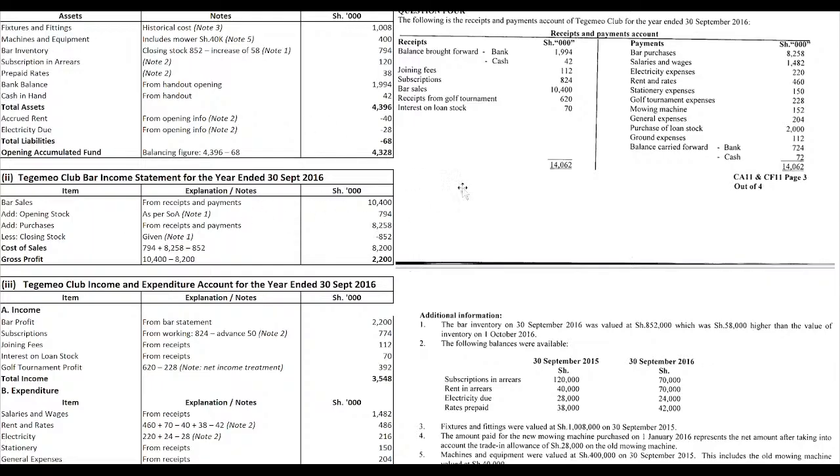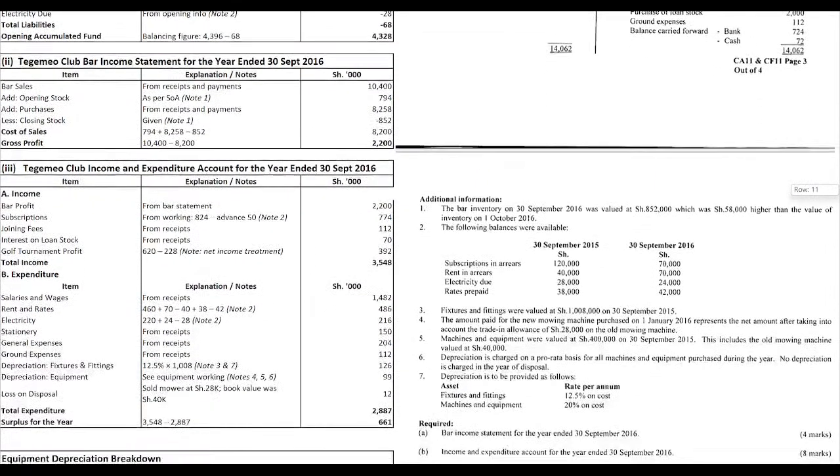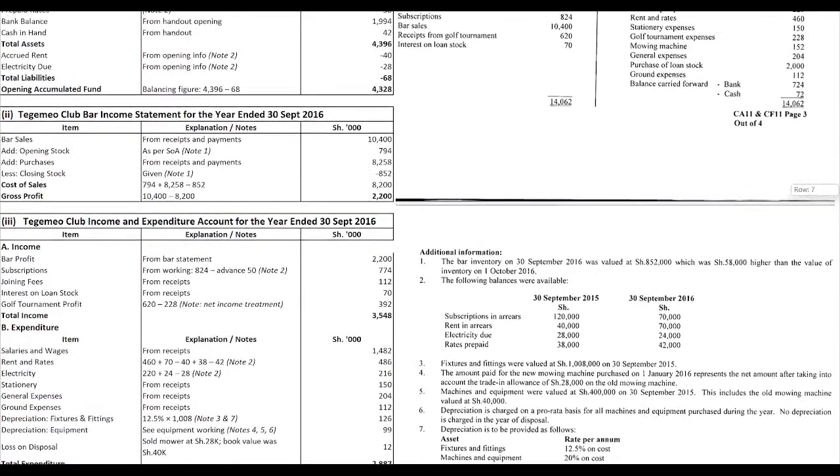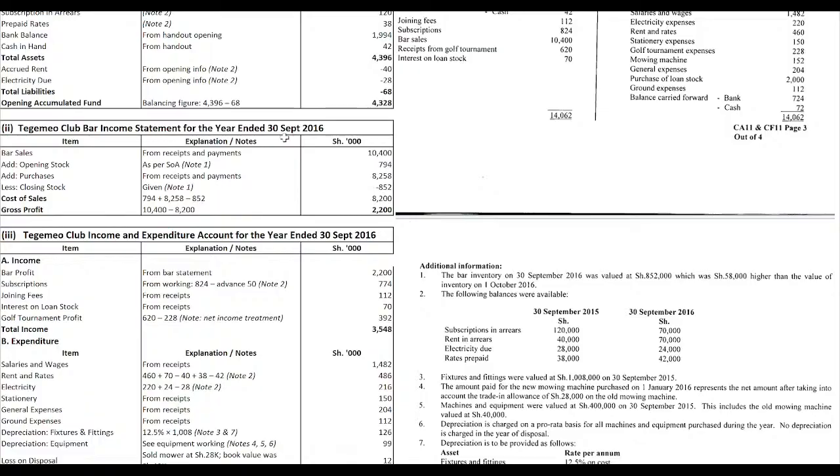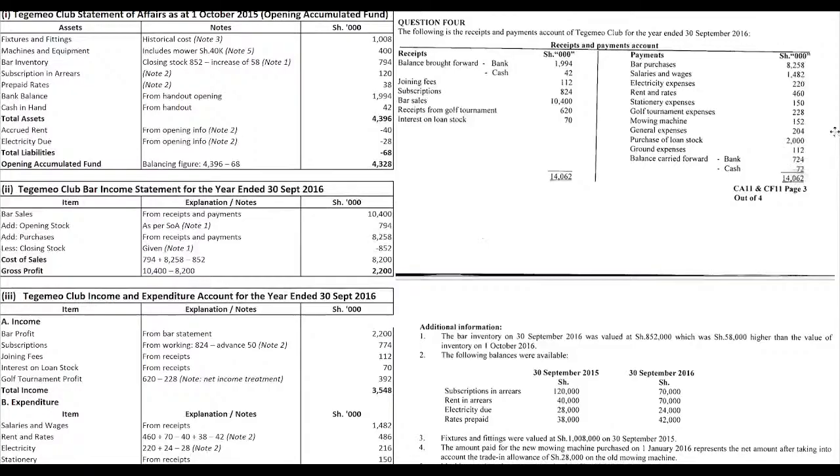So we go now to the first requirement, which is to create our bar income statement for the year ended 30 September. So, Tegemeo Club bar income statement for the year ended 30 September. We have our bar sales, which have been given in the question as 10,400. Then you have to add the opening stock, which per our note is 852.